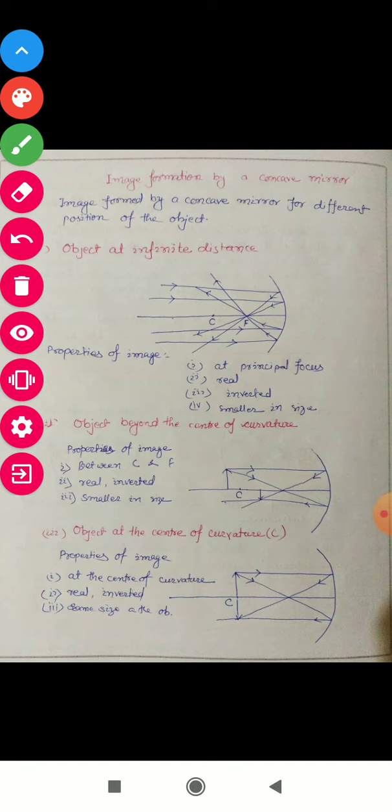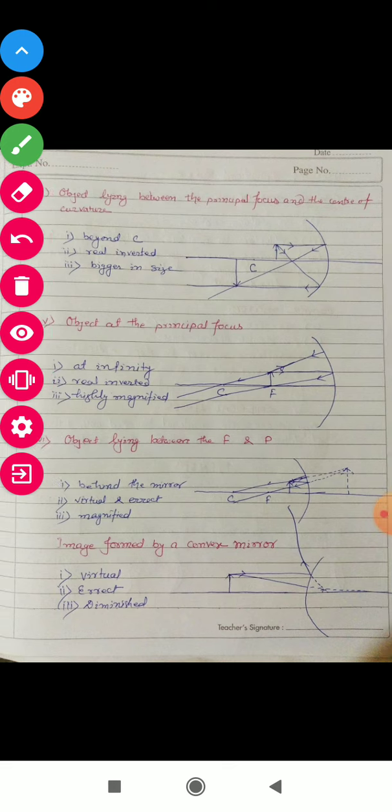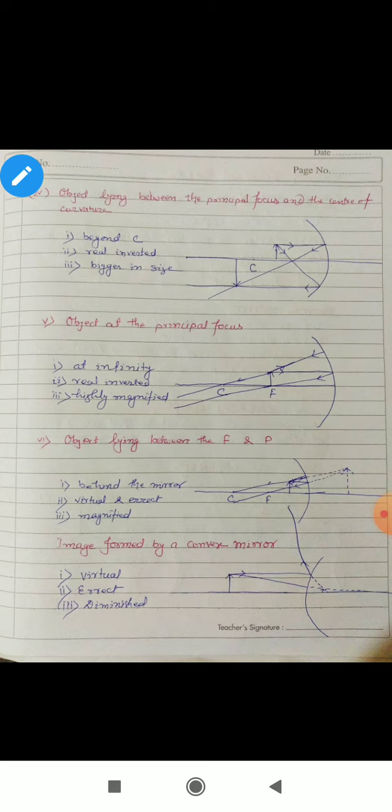center of curvature. Now student, the next position we are going to discuss is when the object is lying between the principal focus and the center of curvature. Principal focus or focus is the same. So in this case also, student, we will take two rays.